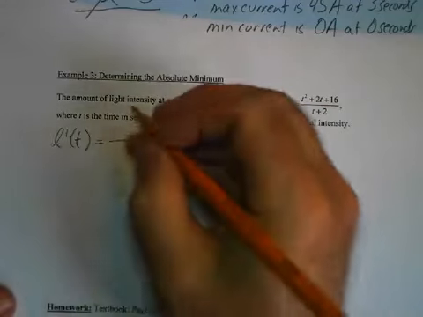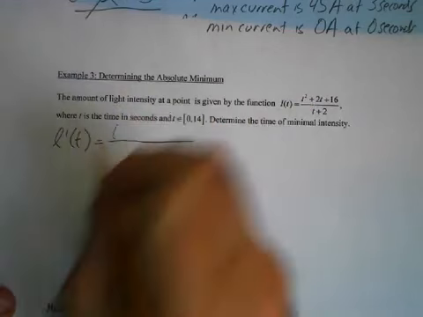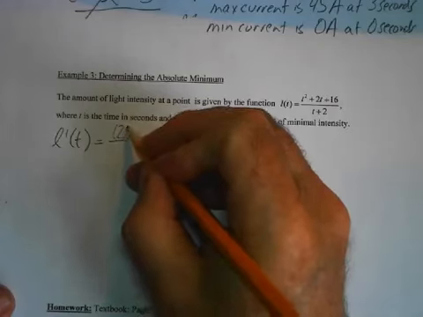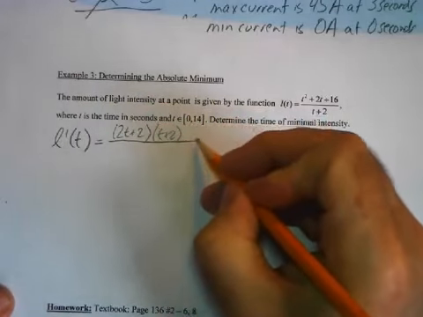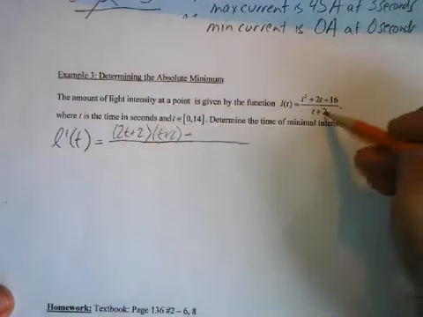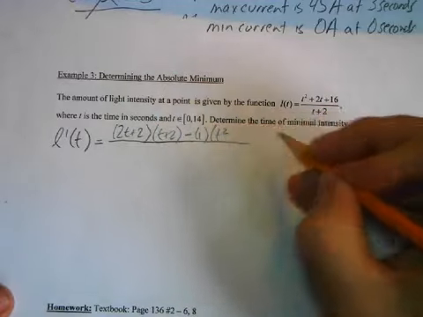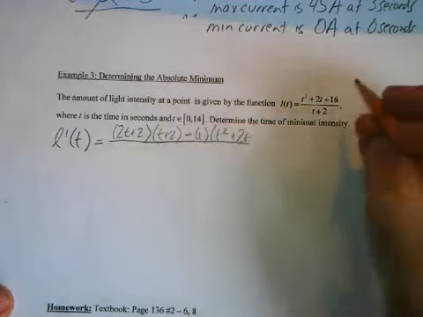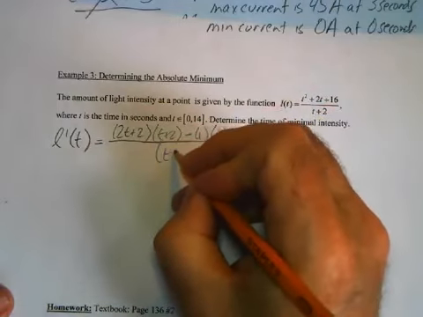So I'm going to take the derivative of the top function, that's a 2t plus 2, times the bottom function, t plus 2. We subtract the derivative of the bottom, which is 1, times the top function, t squared plus 2t plus 16, and then the bottom function squared.